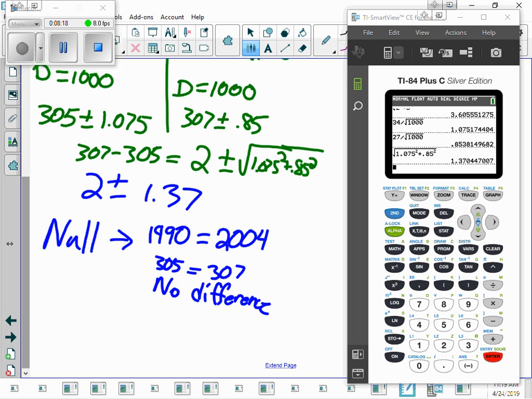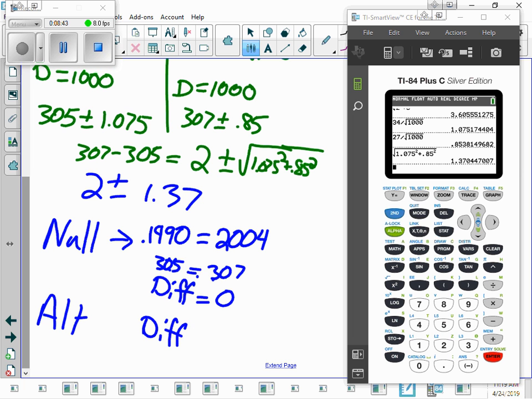Those all mean the same thing. Let's put it this way: the difference is equal to 0. The alternative says that they're not the same, and that 307 is bigger than 305, or the difference is greater than 0.